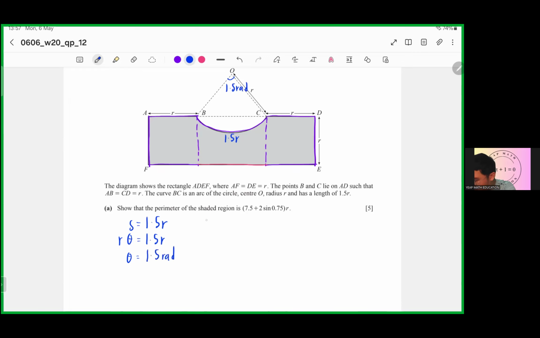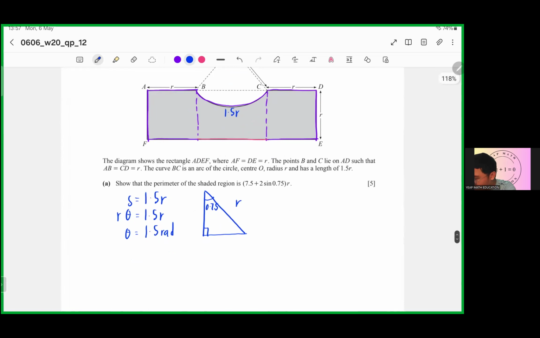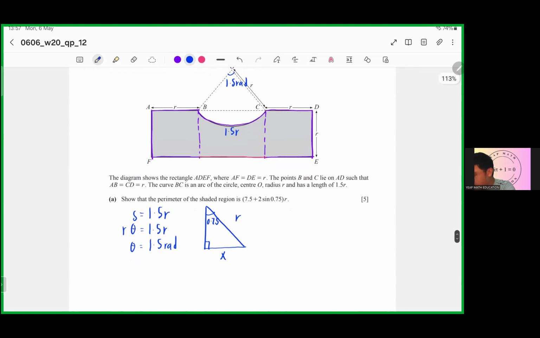Now we can separate out this right angle triangle, with 0.75 here, and this R. Because we need to find this part, let me think. We can use sine 0.75 equals what?